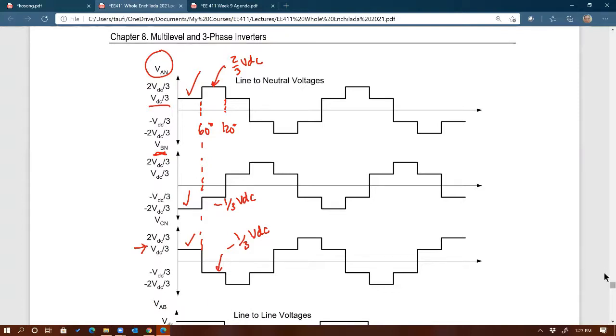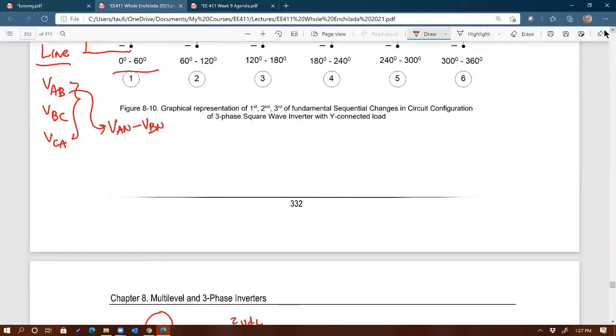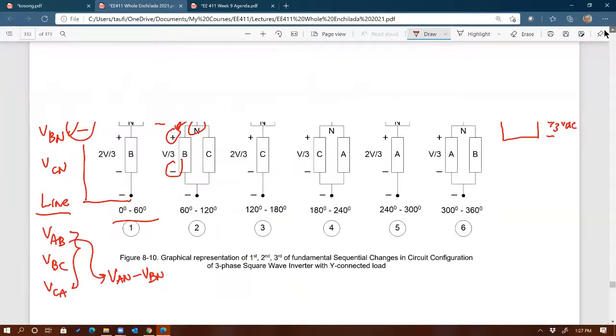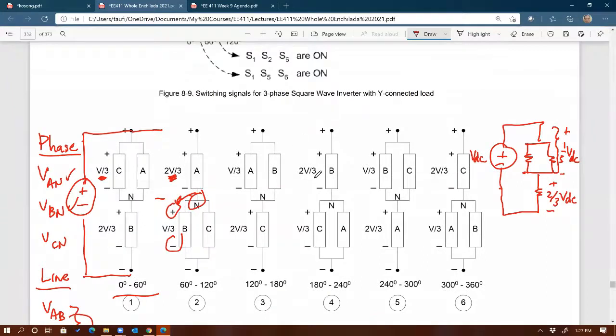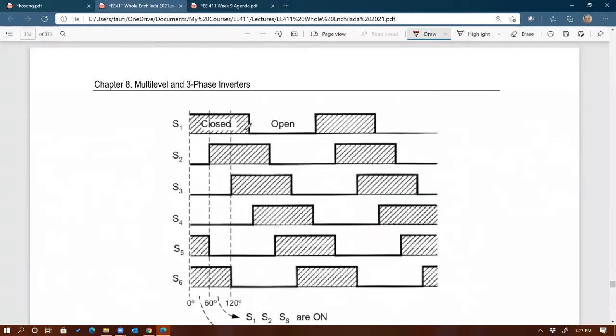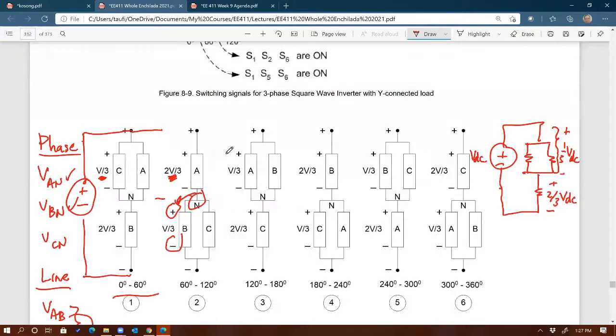So if you proceed with the rest of the signals, I won't go through the rest, but you should. This is going to be your lab today. If you time the signals this way, for the third one, it's 1, 2, 3 that are on, then it will change how the load is connected.